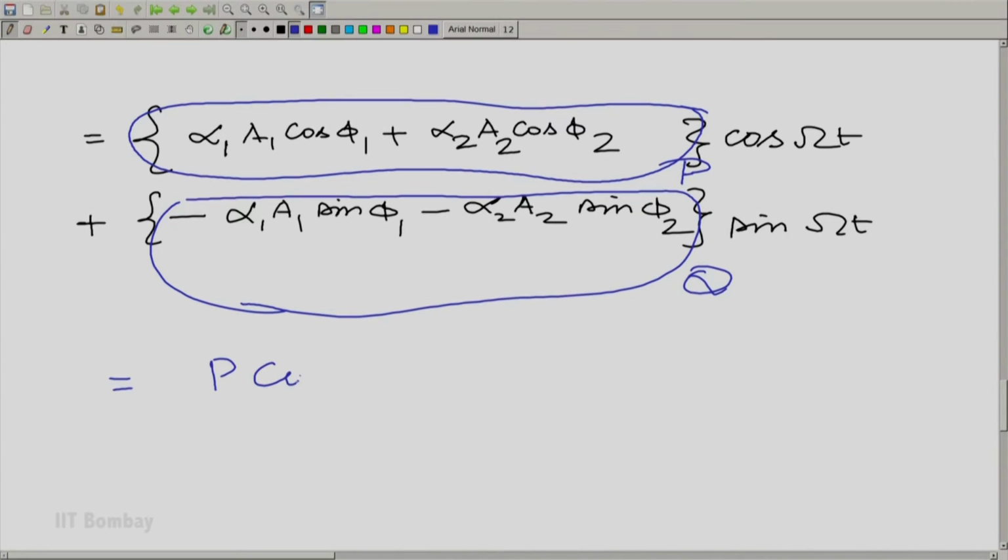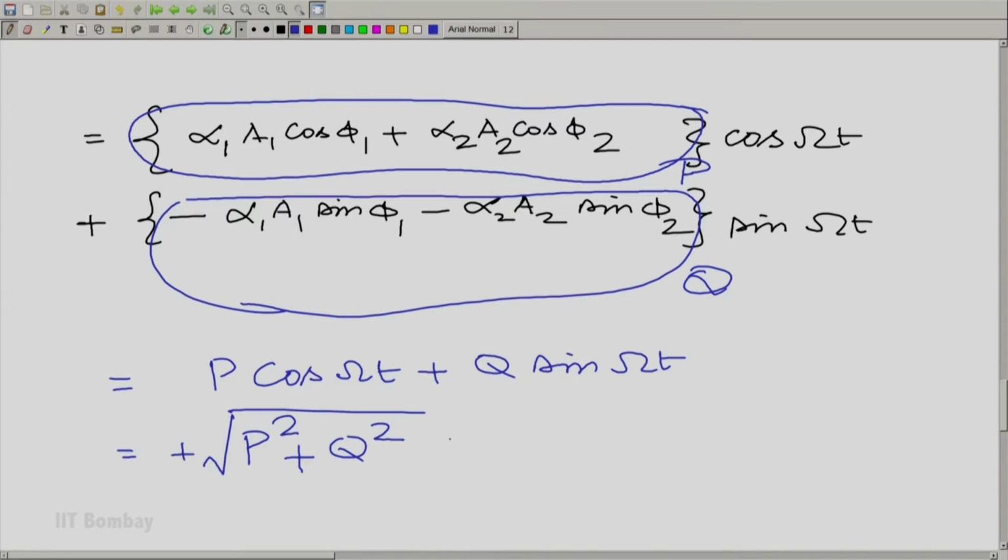So, this is p times cos Ω t plus q times sin Ω t, and this is easily seen to be the positive square root of p squared plus q squared, times cos(Ω t plus another angle, let us call it β), and β is essentially the negative of the tan inverse of q by p. Now, the algebra is all right. What is important here is that you can combine two sine waves of the same frequency and get back a sine wave of the same frequency.